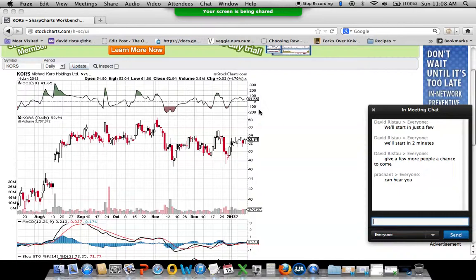In my theory, over 100 is a lot different than under negative 100. When you're shorting stocks, when you get to negative 100, a lot of that weakness has already been priced in, and it's much easier for a stock to increase in price or stay flat than to decrease in price.